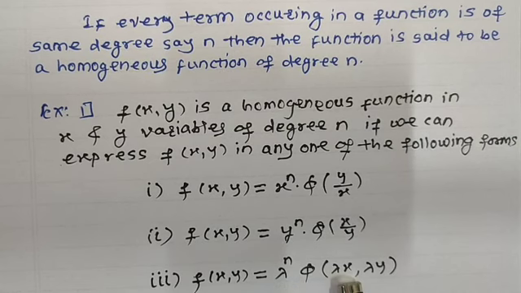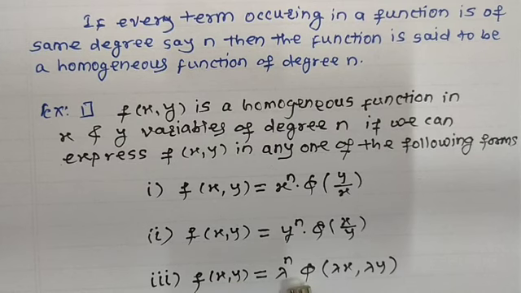In this third form, what we have to do? Replace x by lambda x, y by lambda y, and then whatever may be the power of lambda, you can take common from numerator and common from denominator and calculate the power of lambda. That will be degree of this homogeneous function.